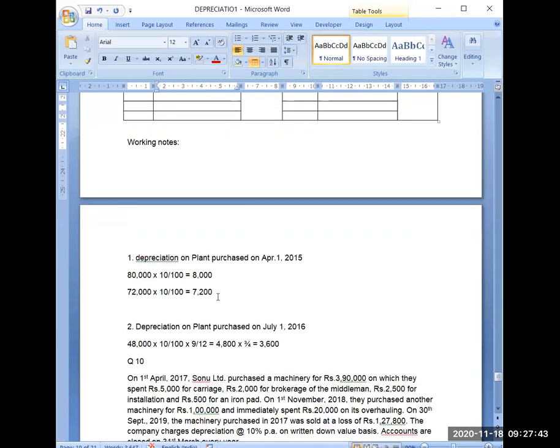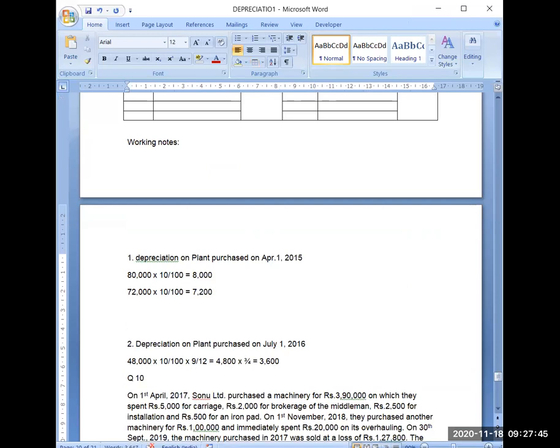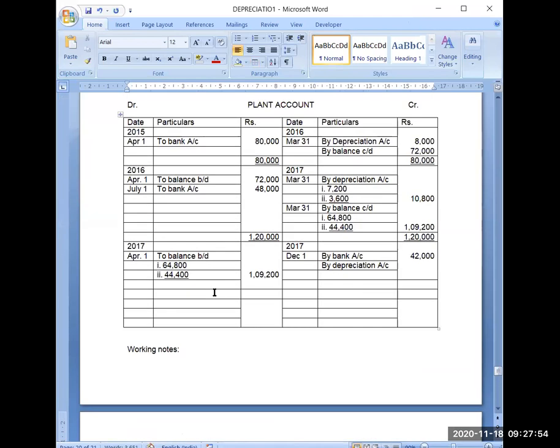So we will calculate depreciation. 64,800 multiplied by 10 upon 100 multiplied by, because now the time of use is April 1 to December 1, how many months will it be? Can you tell? Let's see how many of you can answer it correctly.